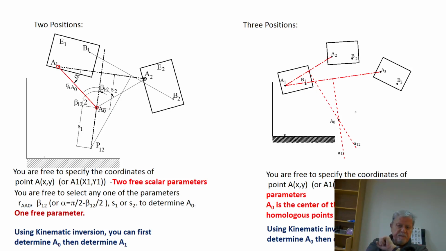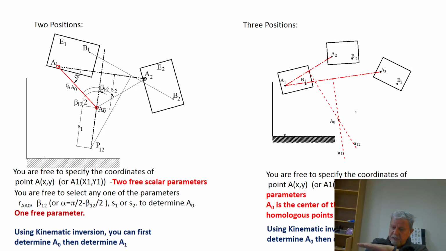In case of three positions, you can select A anywhere you like, determine the three homologous points. A0 is a fixed point on the fixed frame. That's because once you specify A, 3 points define a circle with center A0, that's it. So you have two parameters.